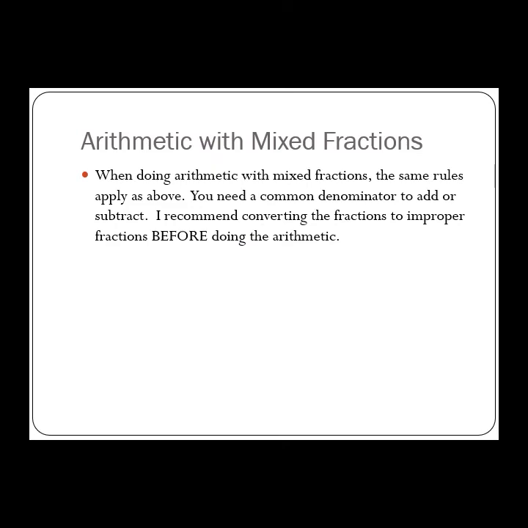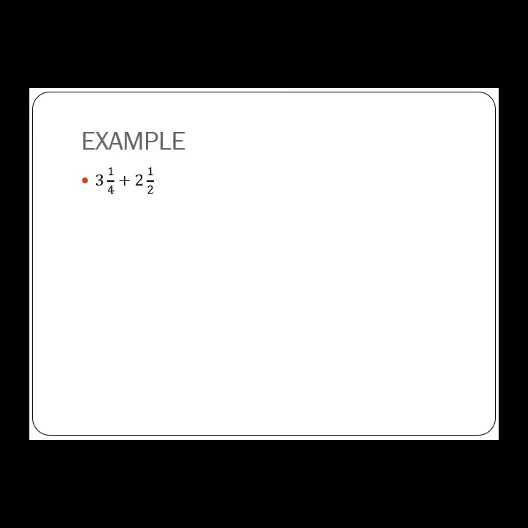When you want to do arithmetic, adding, subtracting, multiplying, and dividing, my recommendation is that you do the arithmetic as in the previous lessons, but you do it after you've made it an improper fraction. So here I'm going to do 4 times 3 is 12, plus 1 is 13.